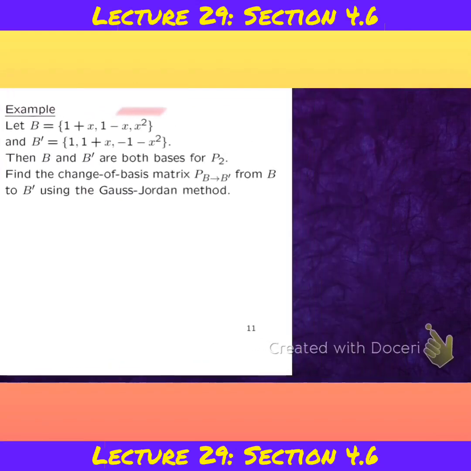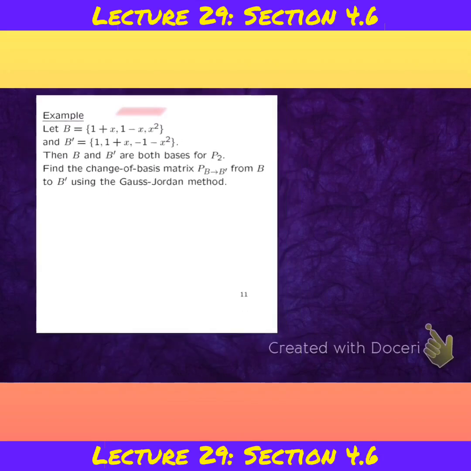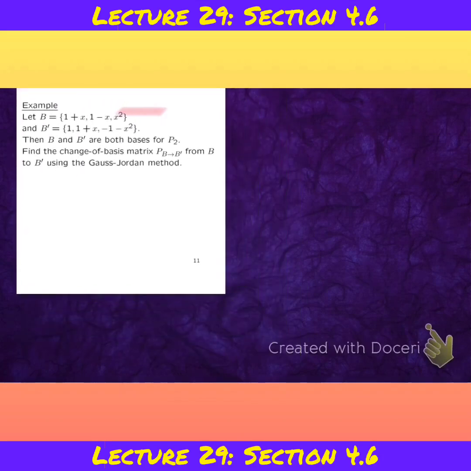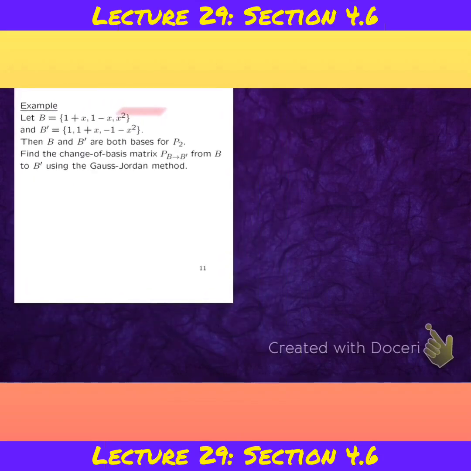Okay, so what we need to establish first is: what is the standard basis for P2? We know the standard basis for P2 is 1, x, x squared.